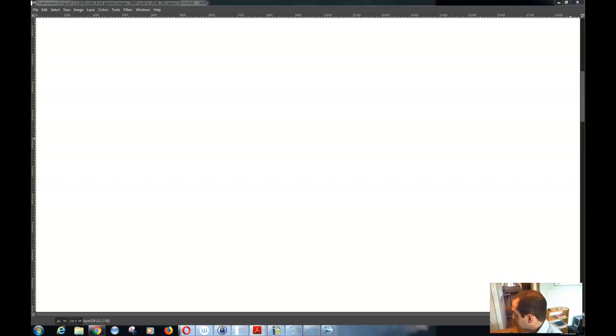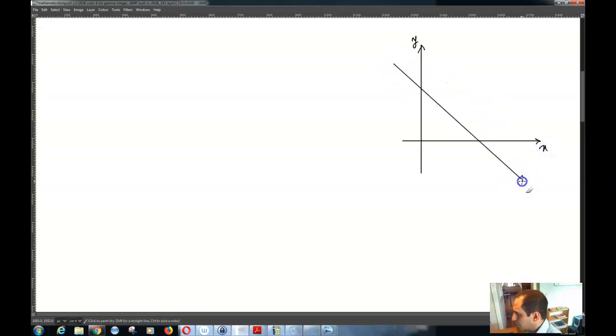Meaning that suppose you have, for example, this line over here. This is the y-axis and this is the x-axis, and this goes this way, and basically this is your line.